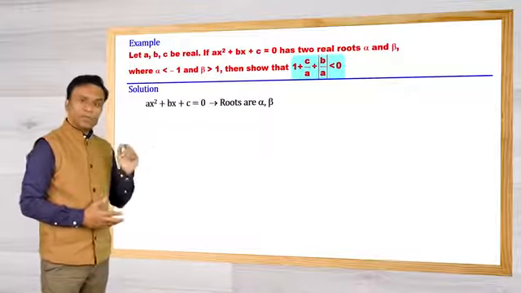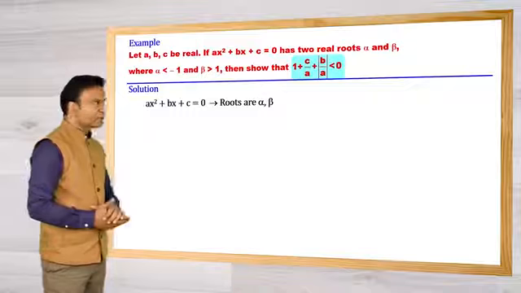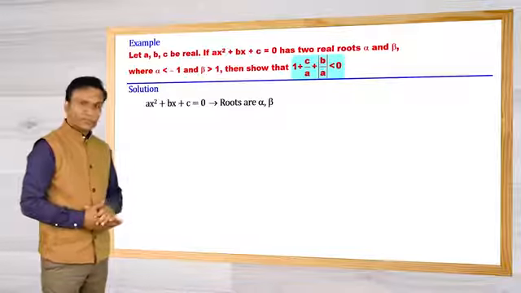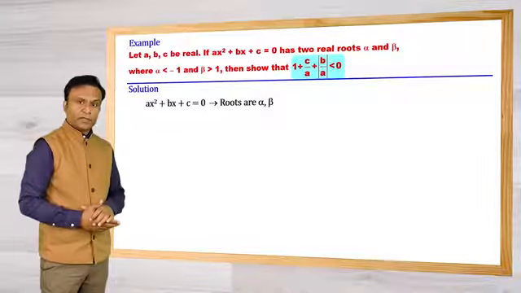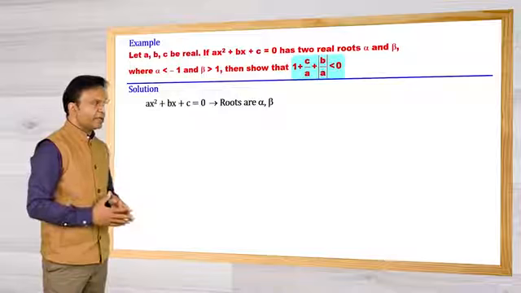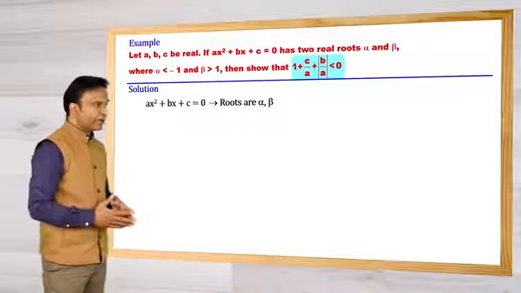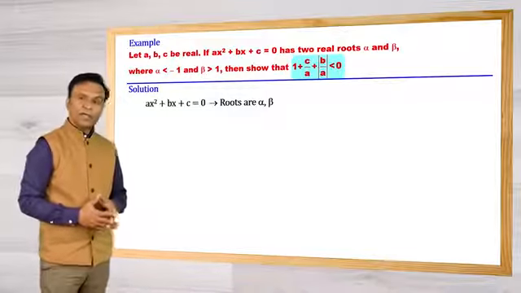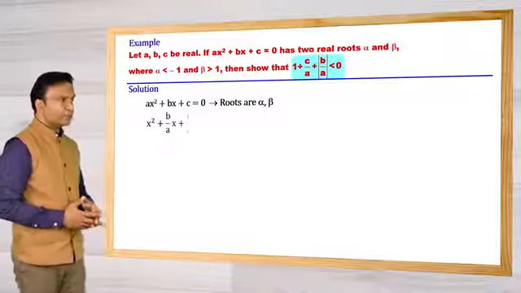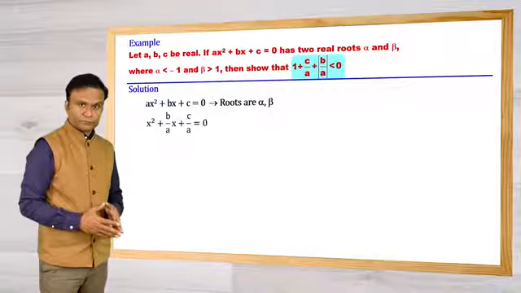Now from the terms in the inequality, c upon a and b upon a, I should divide the given quadratic equation by a. So I have the quadratic equation x square plus b upon a x plus c upon a is equal to 0.